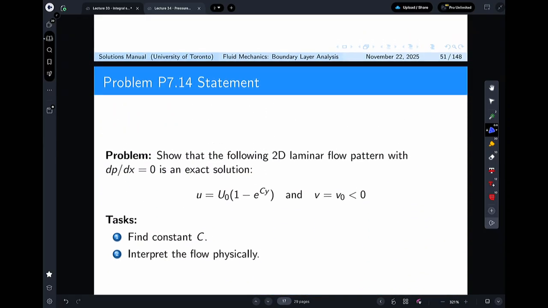This means that this number is dropping below 1. So this 1 minus e to the cy is always going to be smaller and smaller. Which kind of makes sense when you think about it, because you want that number to be as close to 0 at the edge and very large at the bottom. And at y equals 0, it's 1.